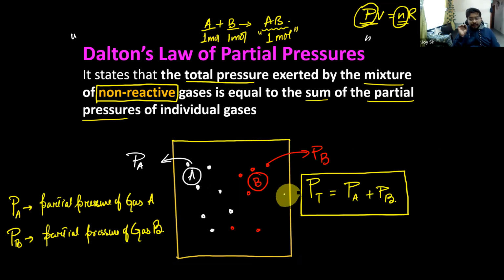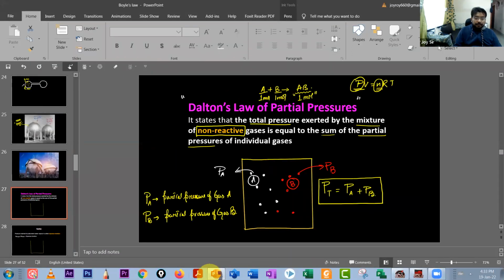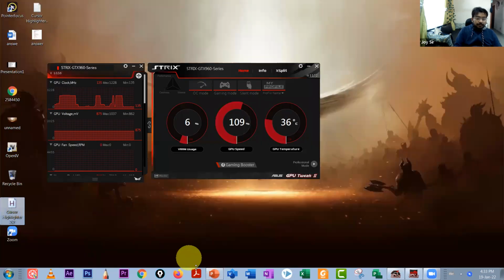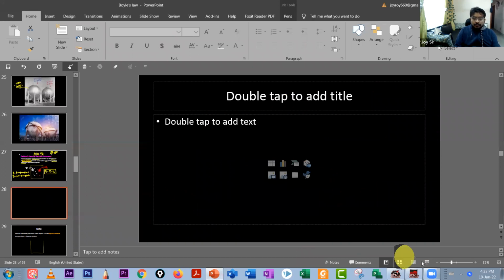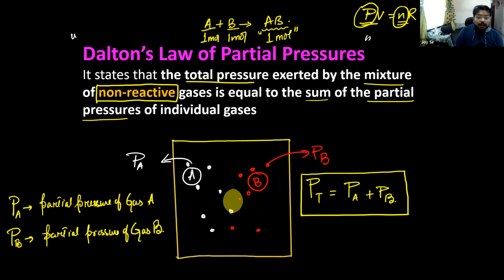Very, very important. Now there is something more. What is that something more? So when you take partial pressure of gas A, it is equal to mole fraction of A into total pressure of the gas.